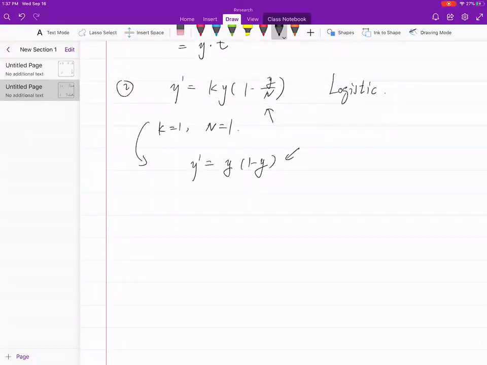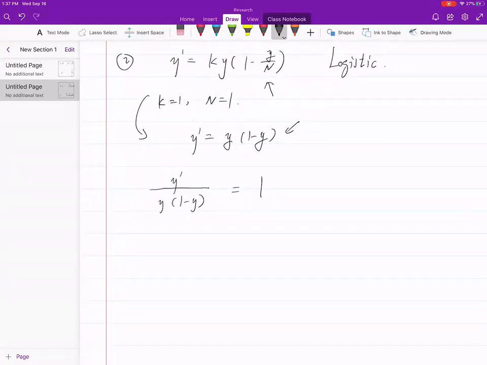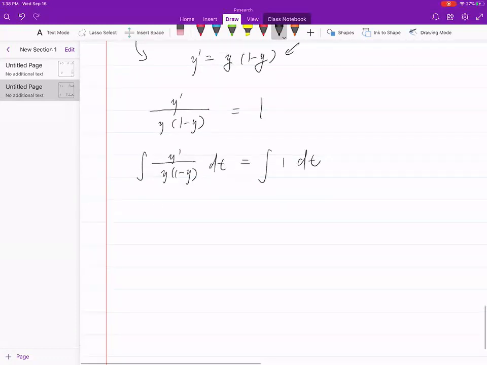Okay. Everything is in terms of y, so right-hand side, super easy.